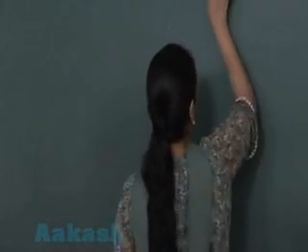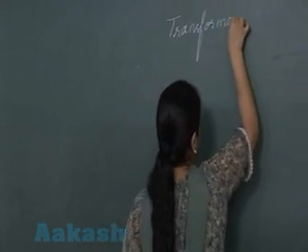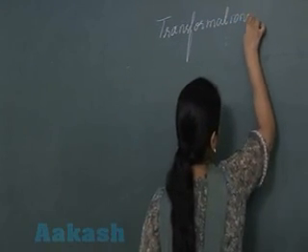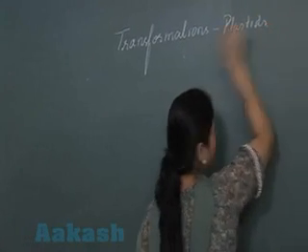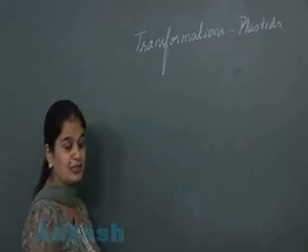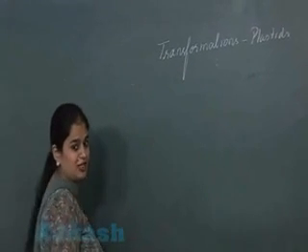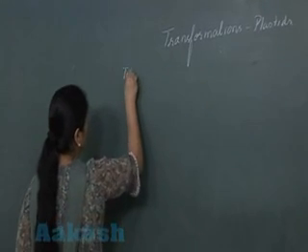So let's discuss the transformations between the plastids. So for explaining the transformation in the plastids, the first example which I will be citing here, that is for tomato.